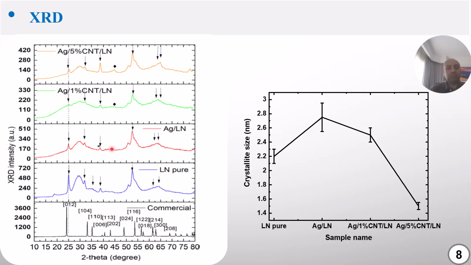What was surprising is that the pure LN and the Ag 5% sample presented higher crystallinity than the Ag 1% sample, and this is confirmed when we fitted, for example, the 1012 crystal plane. We can see the size increased when we add Ag 1% and then decreased when we add 5%, which correlates well with the values observed by TEM.